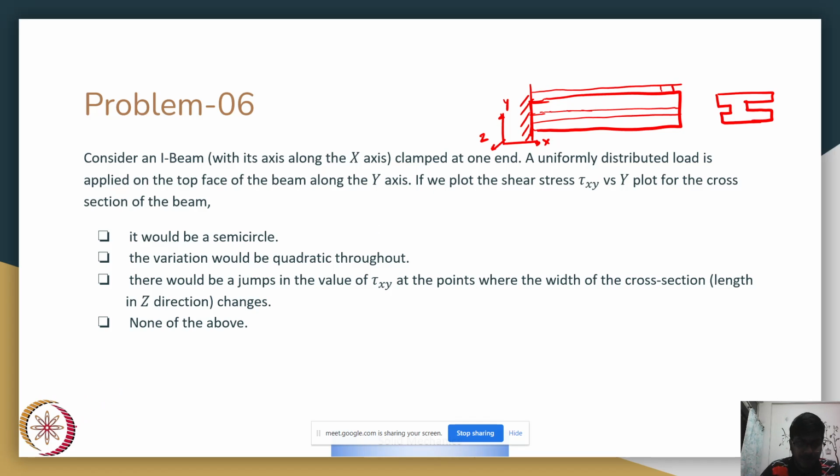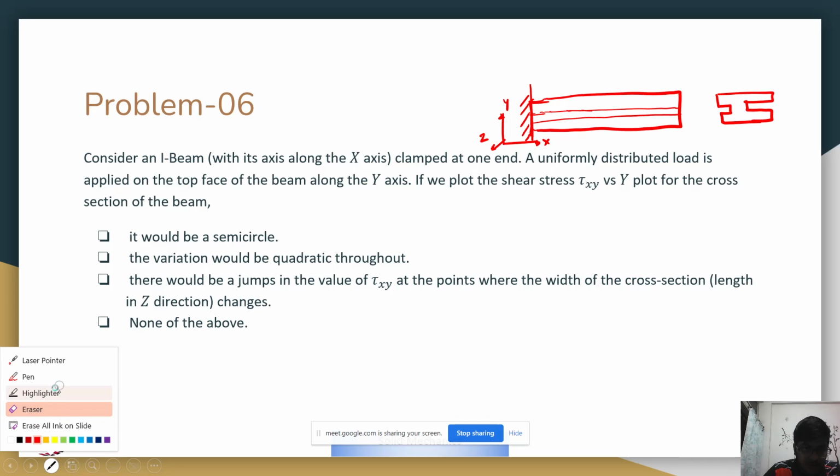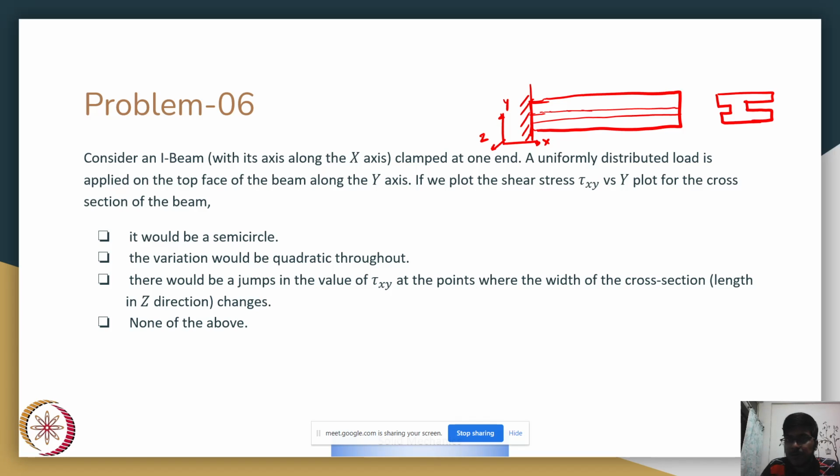I'll choose a different ink. We have a uniformly distributed load acting like this.